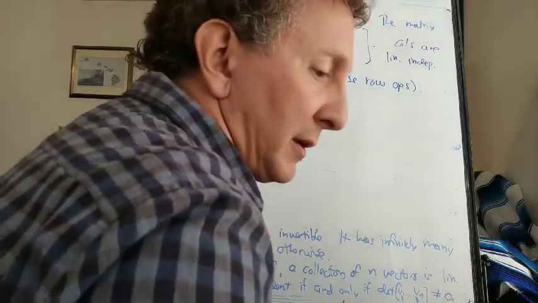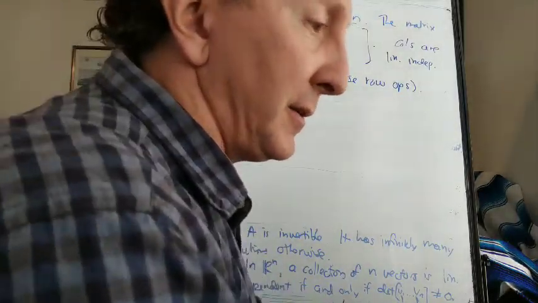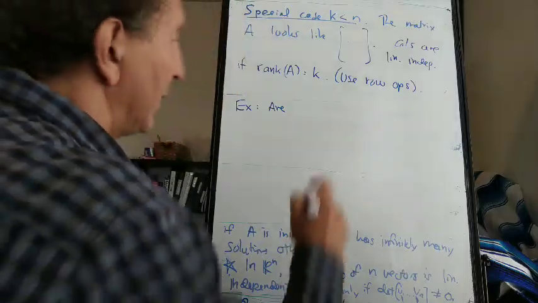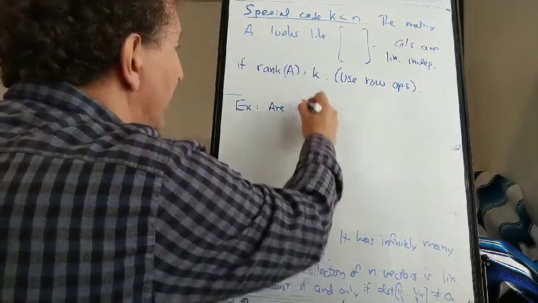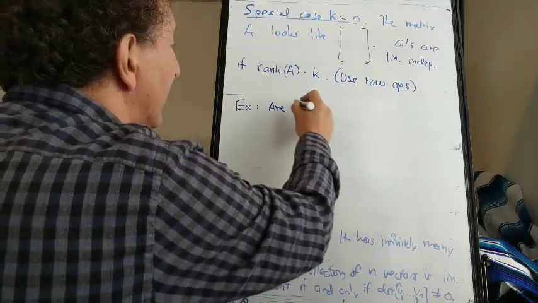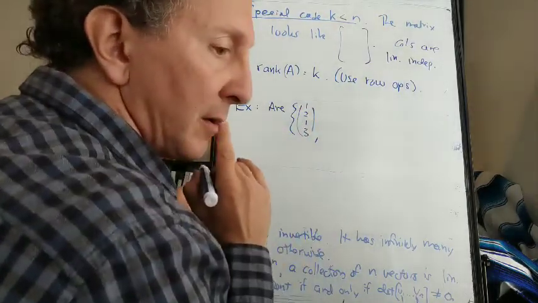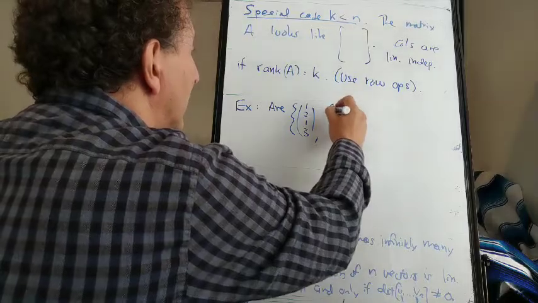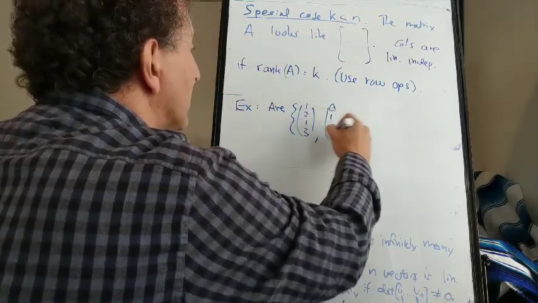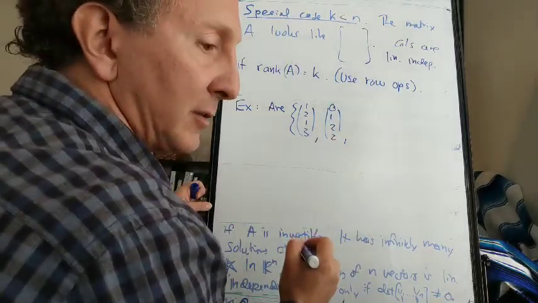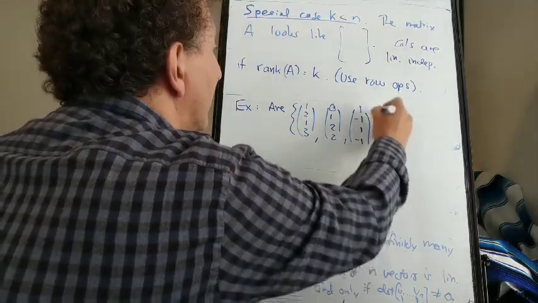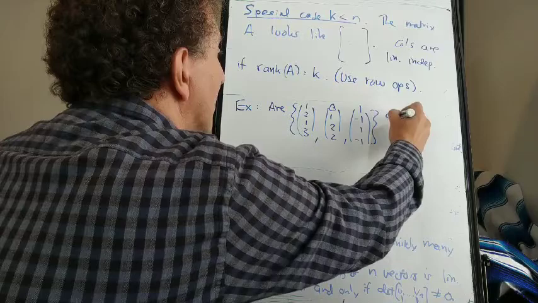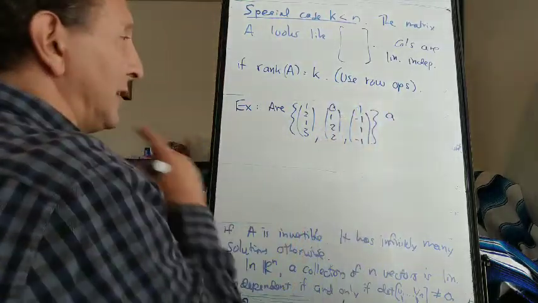So for example, let's ask if 1, 2, 1, 3, and 0, 1, 2, 2, and 1, negative 1, 1, negative 1 form a linearly independent set.